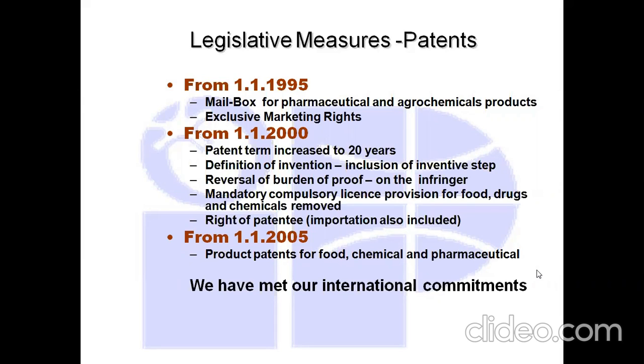Reversal of burden of proof on the infringer, and the mandatory compulsory license provision for food, drugs, and chemicals, right? This was all removed in the year 2000, because it does not come under the patent department. As we know, the GI, design, patent, trademark, and licensing departments are all different. The provision of license for food, drugs, and chemicals, right? The right for the patentee, importation also included in this form.